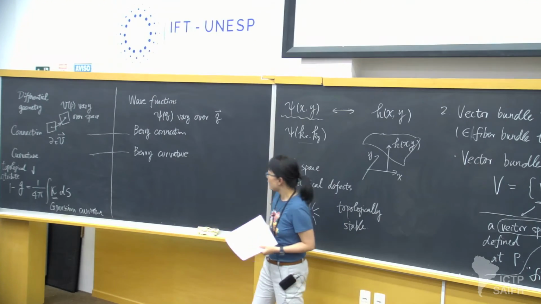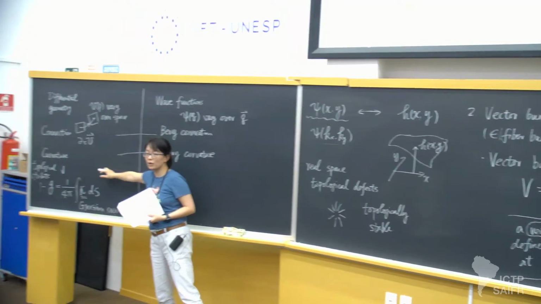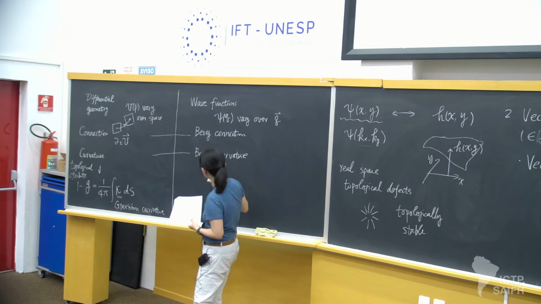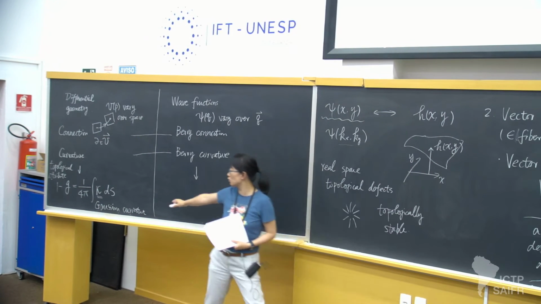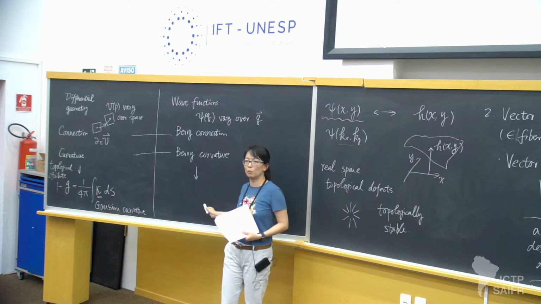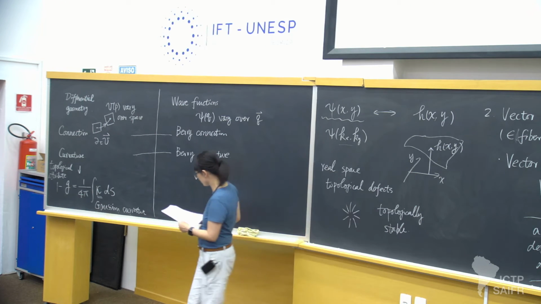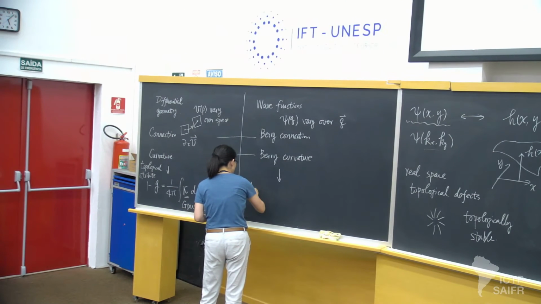Okay? And then, as you can guess with the relation here, you can also do an integral, and you can show that very similar to what you have here, you also have a topological invariant, which is the so-called Chern number.